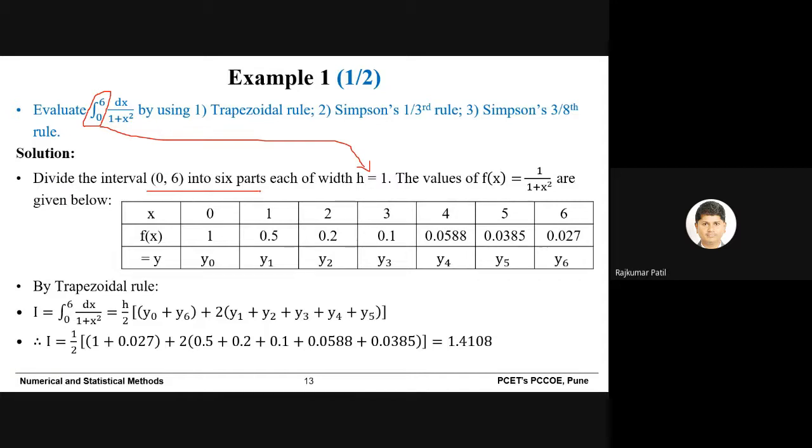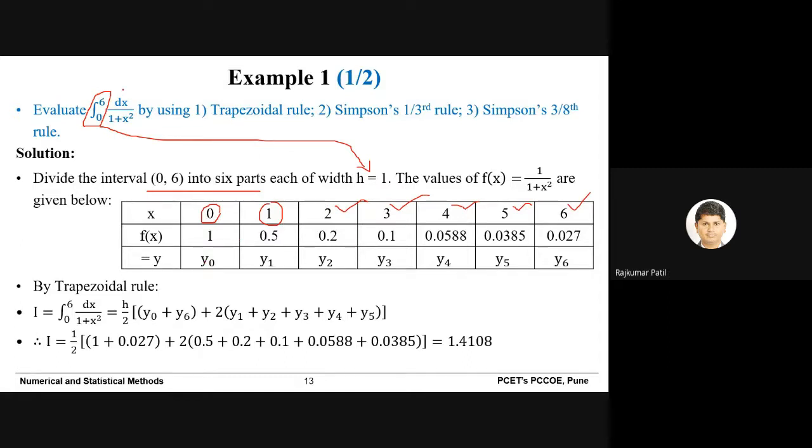We divide this interval into 6 parts, so the starting value will be 0. Then the next values will be 1, 2, 3, 4, 5 up to 6. This is how we get integer values of x, so that our calculations will be simplified.